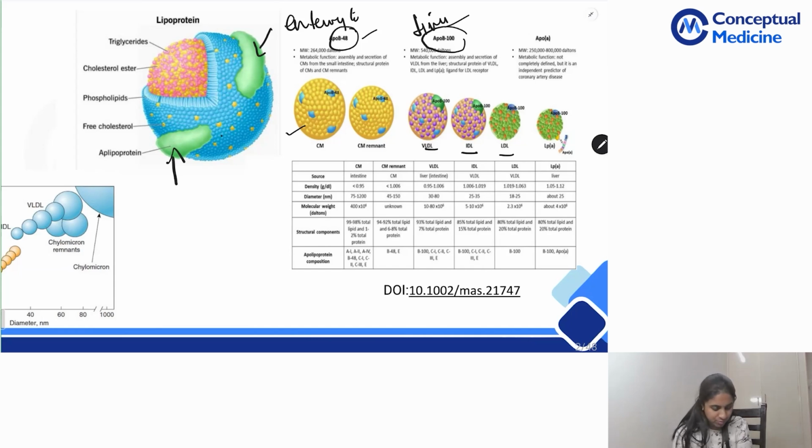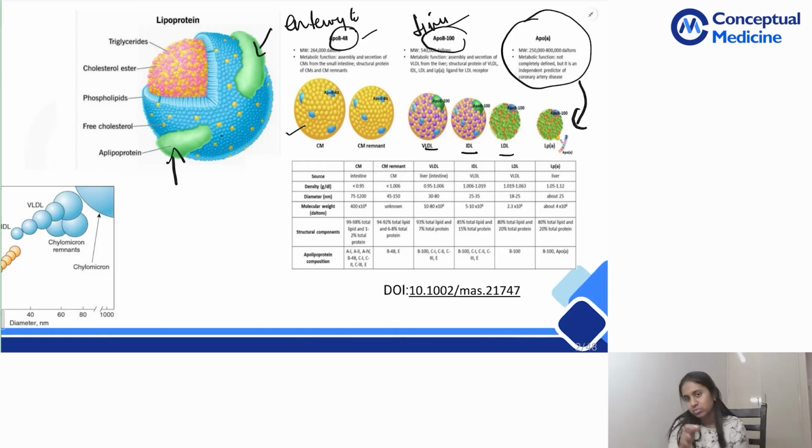And of course, we have some special apoprotein called apoprotein little a. This is going to be the key molecule in the coming future. It has gained a lot of momentum in modern medicine, and we will have a separate session on lipoprotein A, which will be dealt with in part 2 of this chapter.